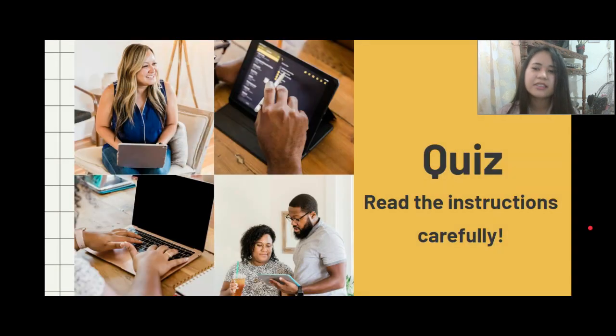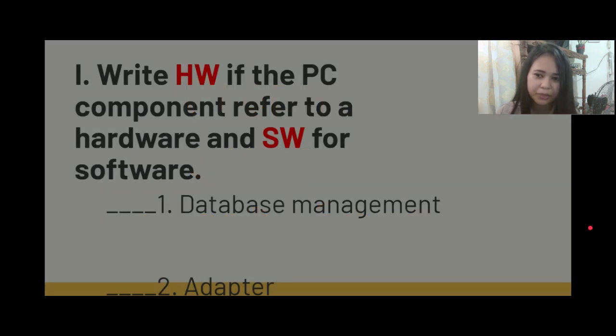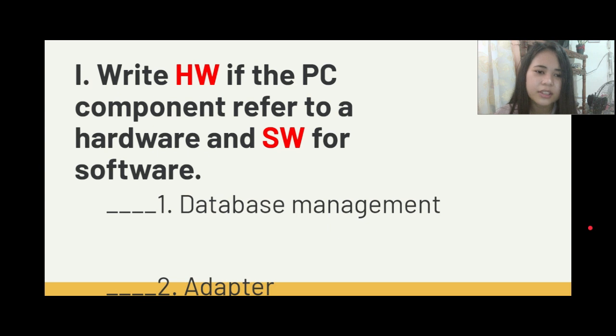Okay, now let us have some quiz. I want you to read the instructions carefully. Prepare a half crosswise sheet of paper. For Roman numeral 1, you will write HW if the PC component refers to hardware, and SW for software.